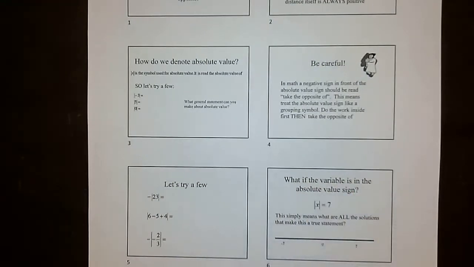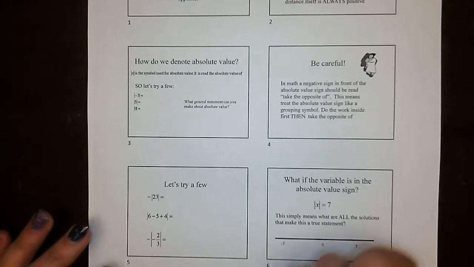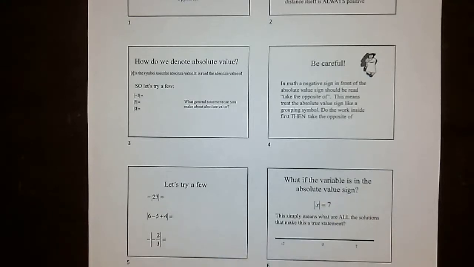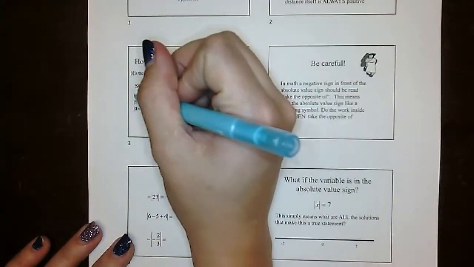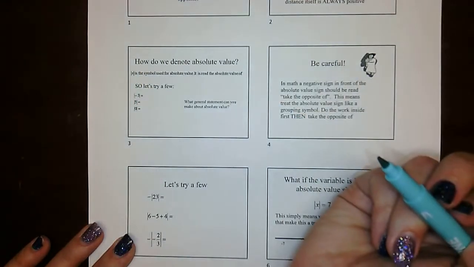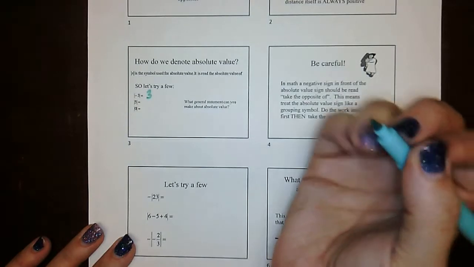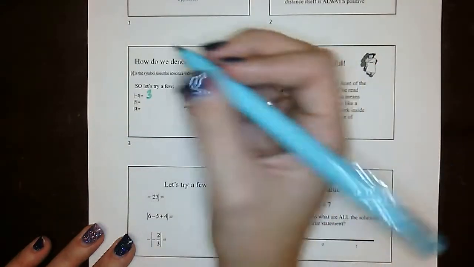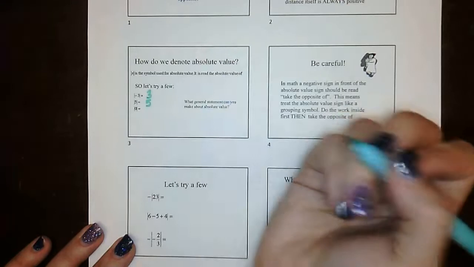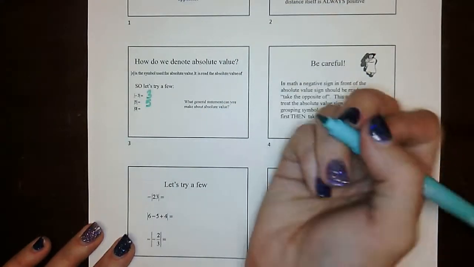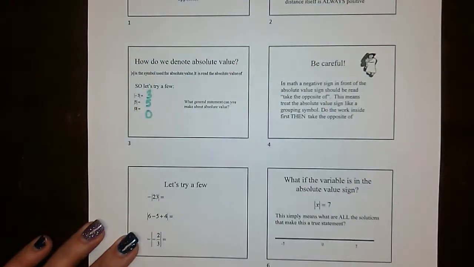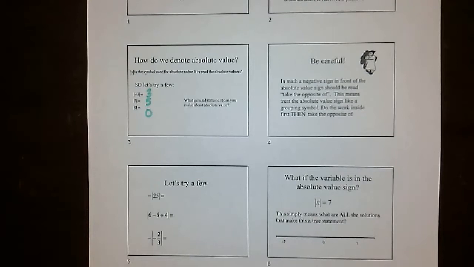So how we denote absolute value is by the parallel lines. So if we look at -3 absolute value, all it is a positive 3. Absolute value of 5 is 5, and the absolute value of 0 is just 0 because the distance of 0 from 0 is just 0. There's no distance there. So it's always going to be a positive value.